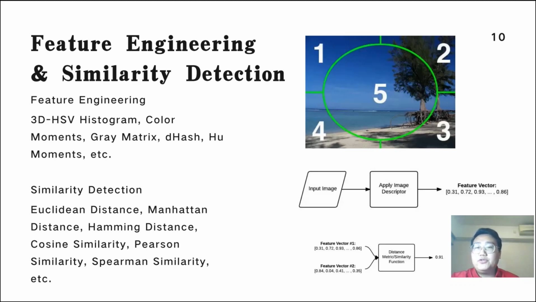Next, we introduce color moments, a feature extraction method related to matrices, which can effectively represent the color distribution of an image in RGB, red, green, and blue color space.